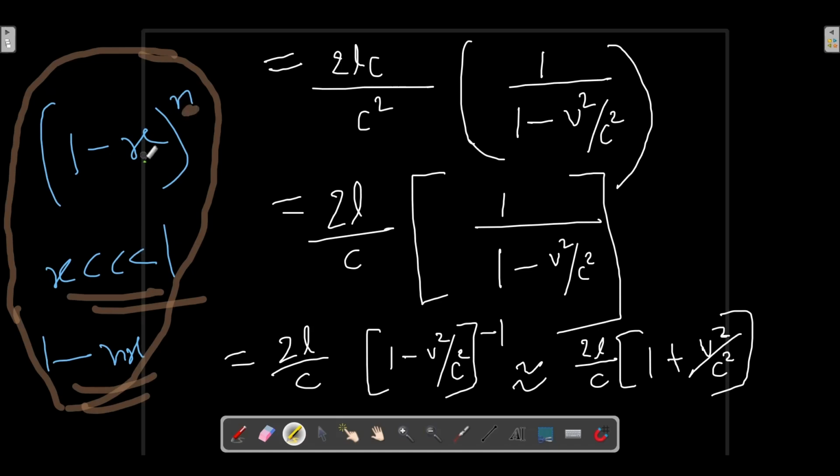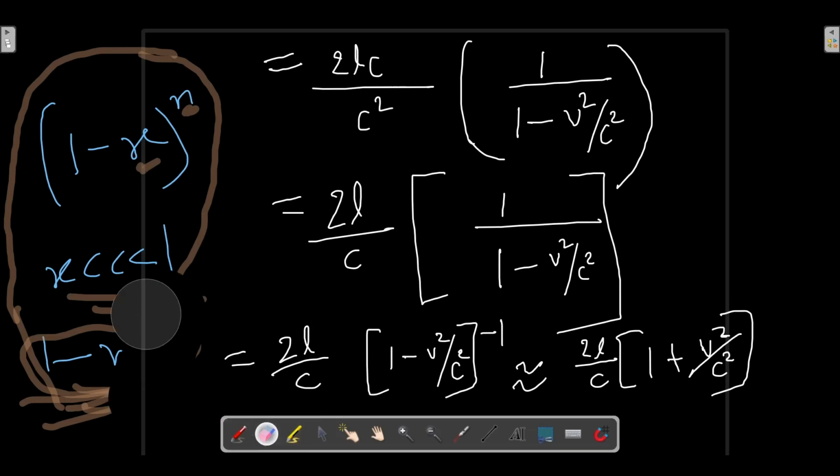That is, the power gets multiplied with this. The next terms, x square, x cube and so on in the expansion, will be neglected and only the first term of the expansion will be considered.